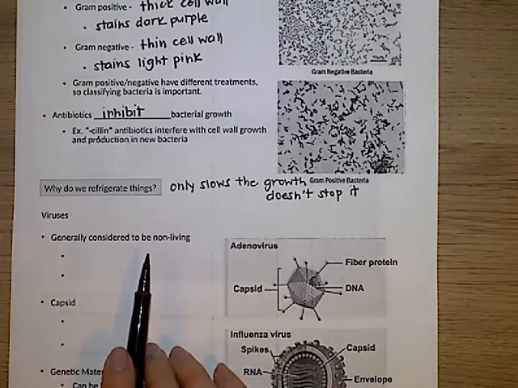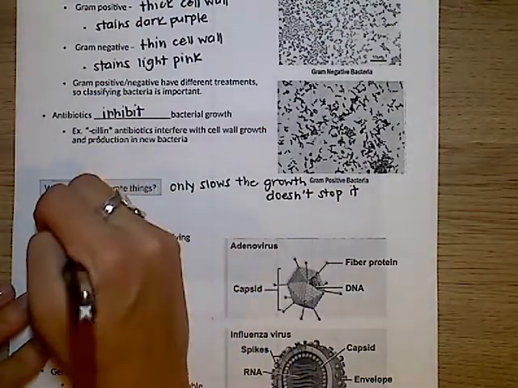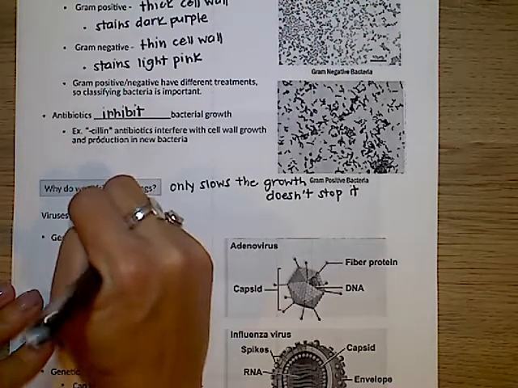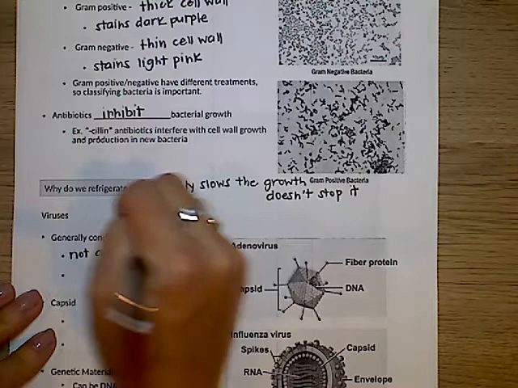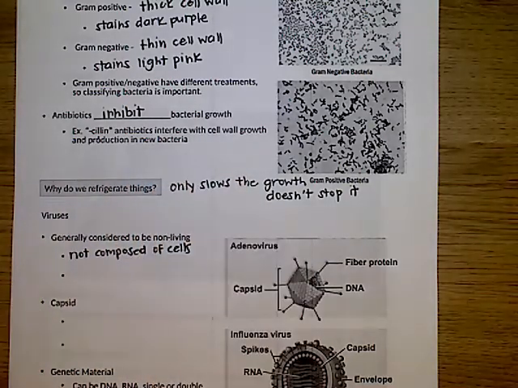And that's like the number one thing we teach with living versus non-living: all living things are made of at least 1 or more cells. And viruses are not composed of cells. Another one of the characteristics of life is metabolism, the ability to acquire nutrients and get those to make energy.